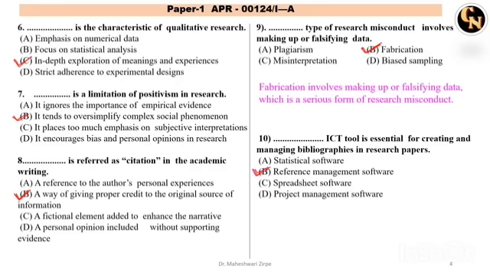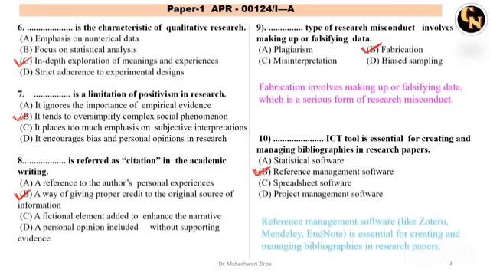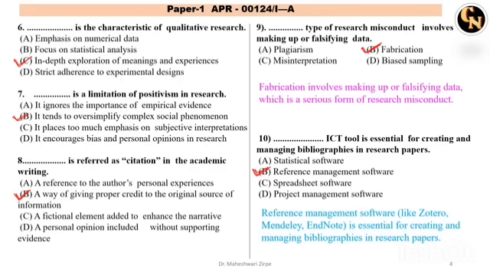There are different reference management software in the market, like Mendeley, EndNote, and Zotero. You can search on Google and find more, but mainly these are the ones used to manage references or bibliographies while writing a research paper.